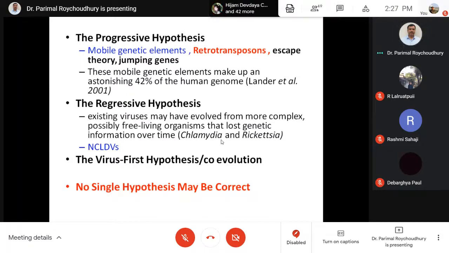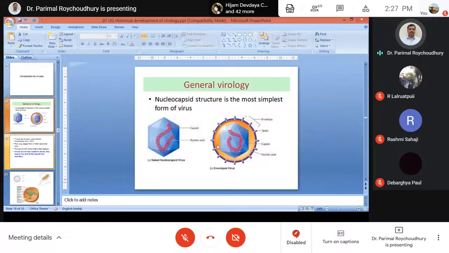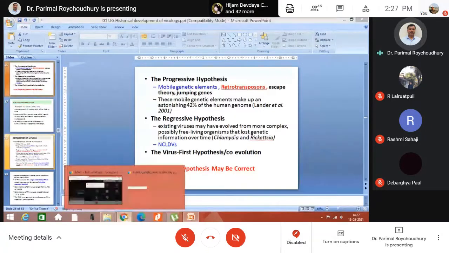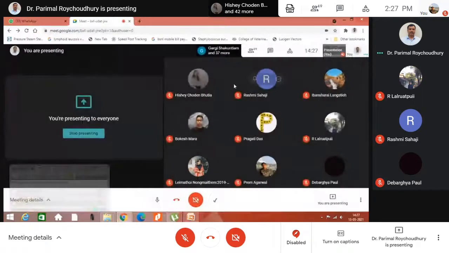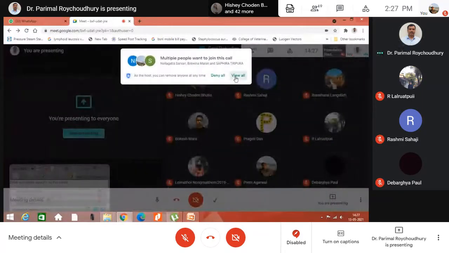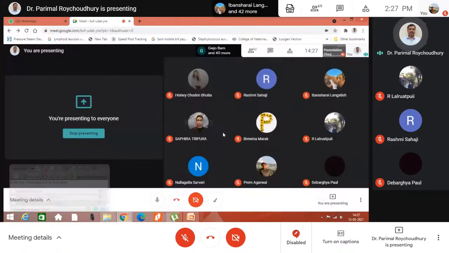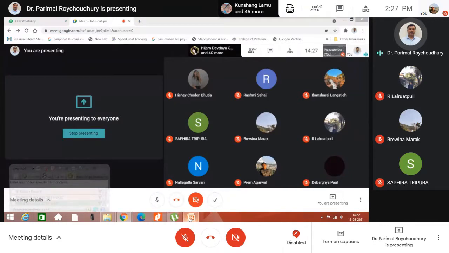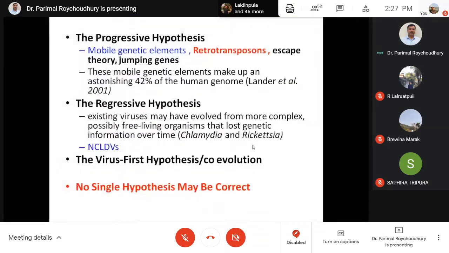So that's what we call the regressive hypothesis. Probably certain organisms lost some of their essential genes for survival in nature, and finally gave rise to viruses. This is called the regressive hypothesis.